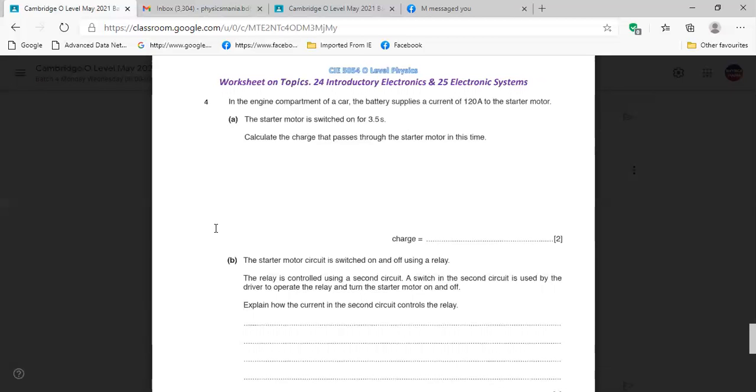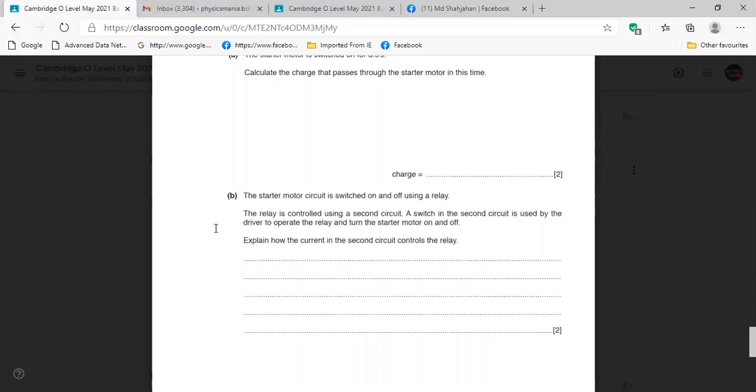Here we got 2 marks, right? Yes, sir. So for 2 marks, you have to write about the idea of electromagnet, right? We use an electromagnet, so when current flows in the second, meaning the smaller circuit, that one is a DC circuit, it turns on the starter motor circuit.